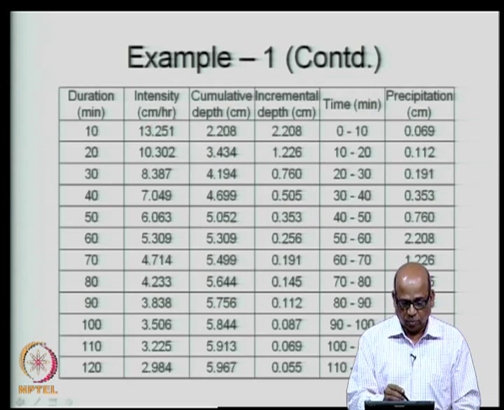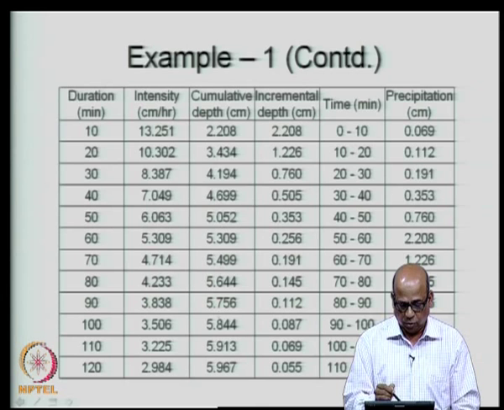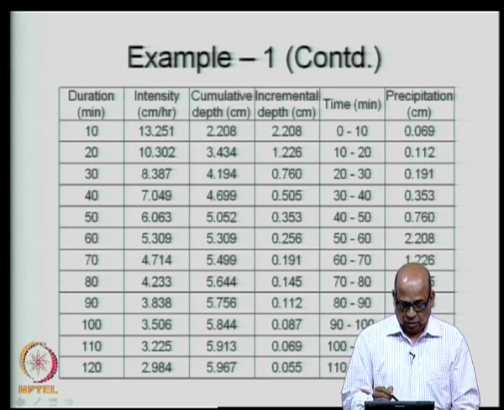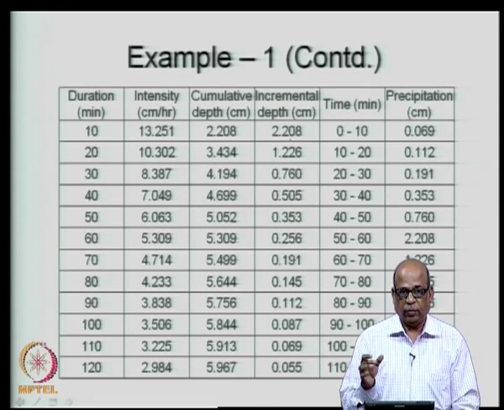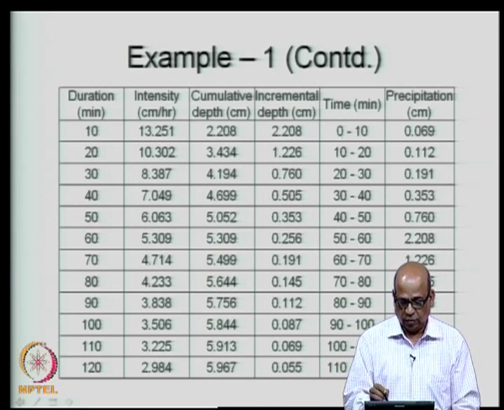Then corresponding to this intensity we start getting the cumulative depths. So, this is associated with the first 10 minutes, next 10 minutes, next 10 minutes, etc. So, these are the cumulative depths. From the cumulative depth we get the incremental depth, that means, during that 10 minutes what has happened. So, let us say 0 to 10 minutes, what is the incremental depth.